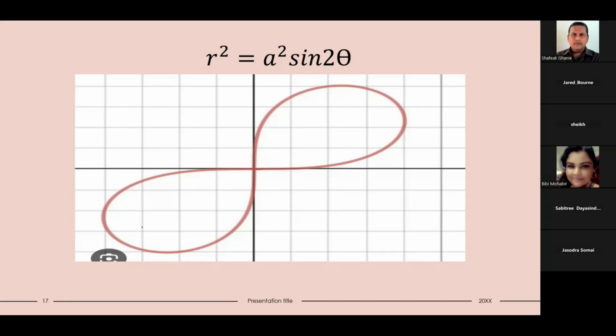That was when the equation is going to be r squared is equal to minus a sine 2 theta. That's right. Correct. Thank you, sir. So this one here would be a sine squared or minus a sine 2 theta. Correct.